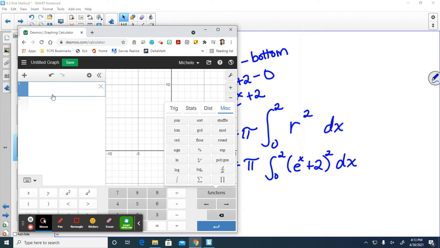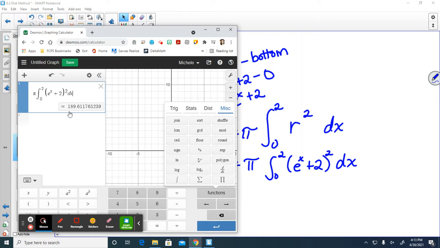So again, you can type in integral. I need to do pi. You can also type in pi. It's pretty awesome. From 0 to 2 of e to the x plus 2. We're going to square that, dx.